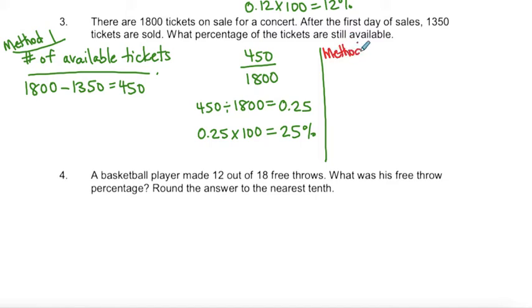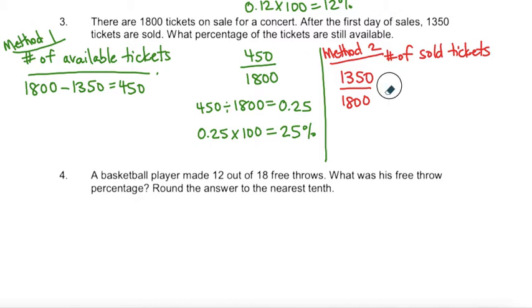So some of you might approach this question in a slightly different way. You might figure out what the percentage is of tickets that you sold. So this is number of sold tickets, so 1,350 over the total number of tickets. And you may want to choose to write this as a percentage first.